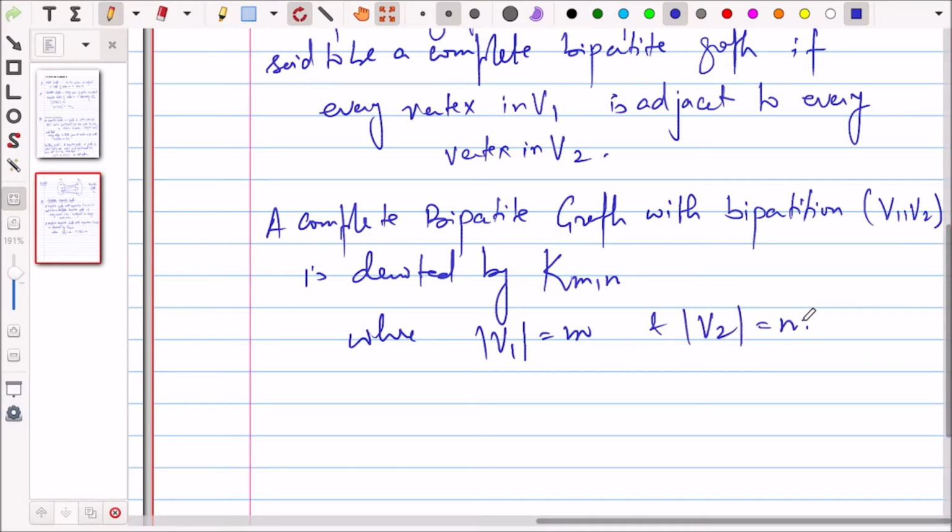So if you can partition the set into two disjoint sets of cardinality m and n, then the complete bipartite graph will be denoted by Kmn, right? Is it fine?